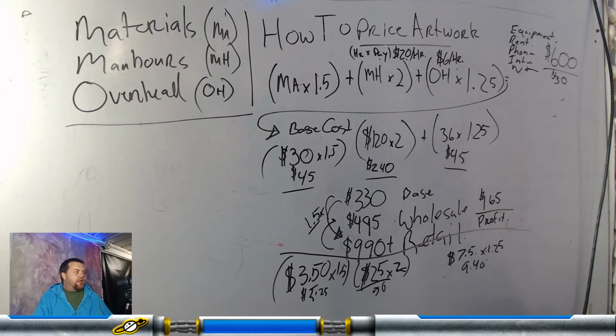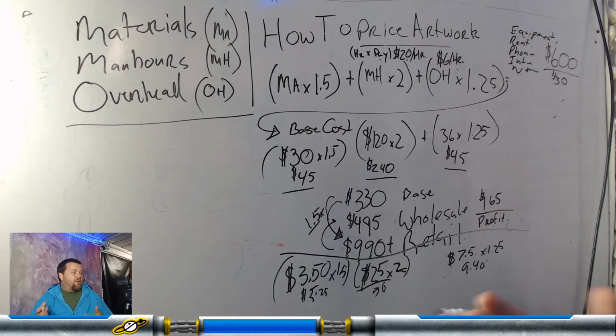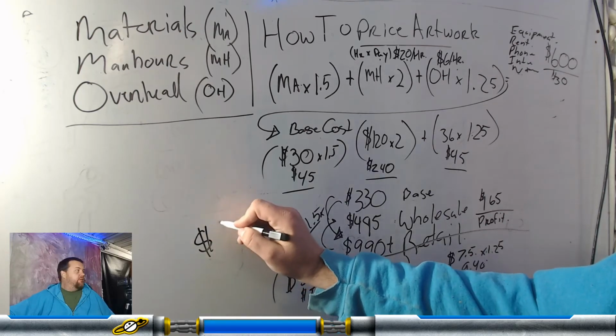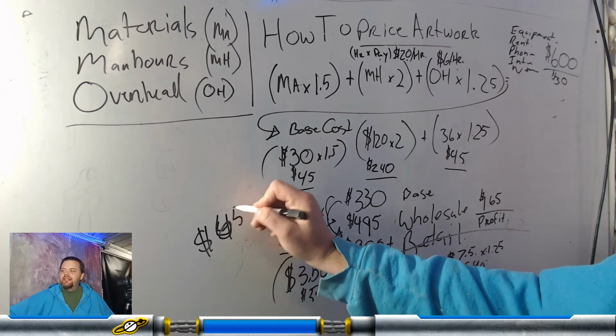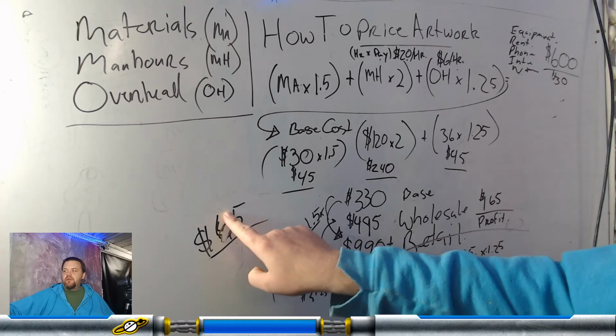So I know that my base cost of anything I do for an hour and a half would need to be a $64, let's just say 65, a $65 item in ceramics for an hour worth of my time doing it.